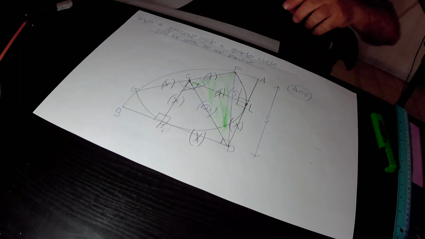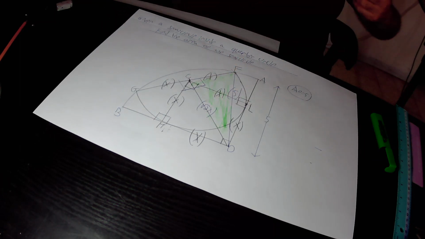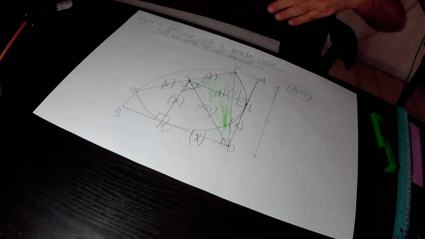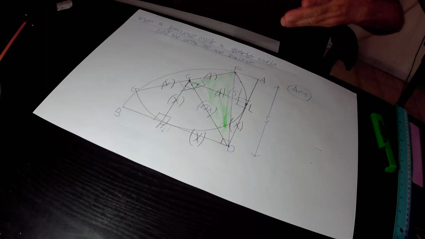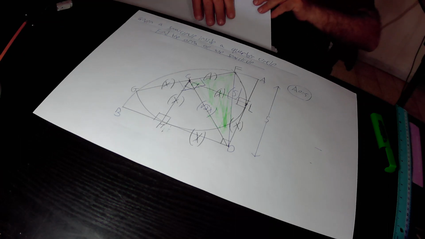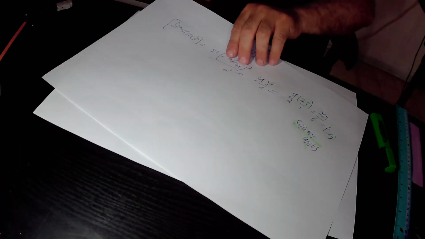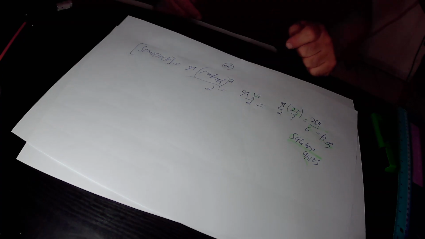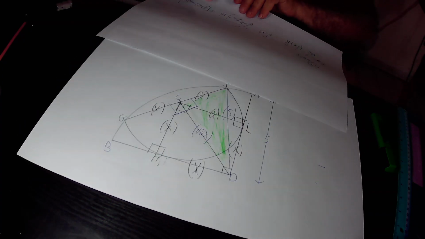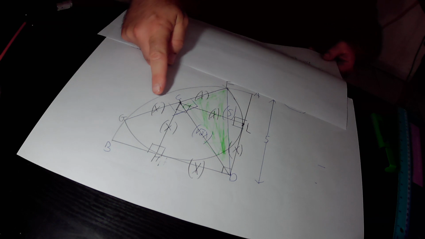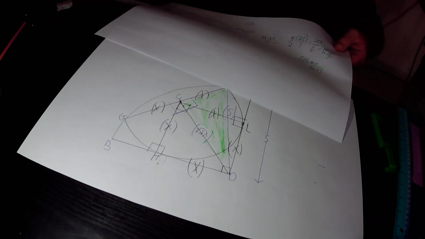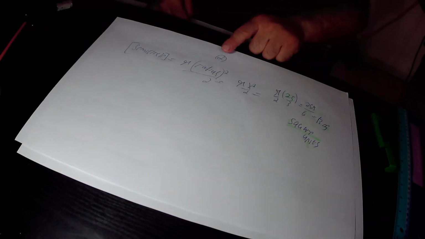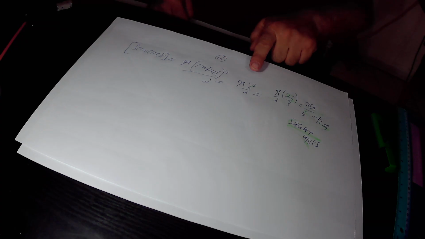Our mission is to find out the area of this semicircle. And the area of this semicircle equals the area of the circle over 2. The area of any circle equals pi times the radius of the circle squared, and for the semicircle we divide by 2. And the radius of this semicircle is x. Therefore, pi times the radius squared over 2 is pi x squared over 2.